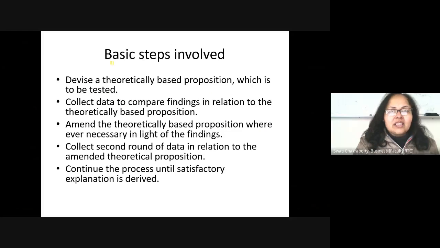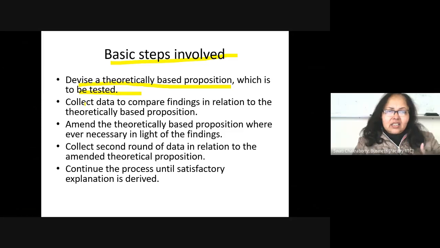And what are the basic steps involved? Firstly, devise a theoretically based proposition which has to be tested. The second step is to collect data to compare the findings in relation to the theoretically based proposition, right? What you're finding in reality and what you have theoretically proposed.